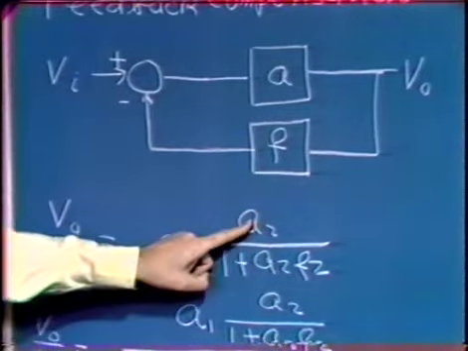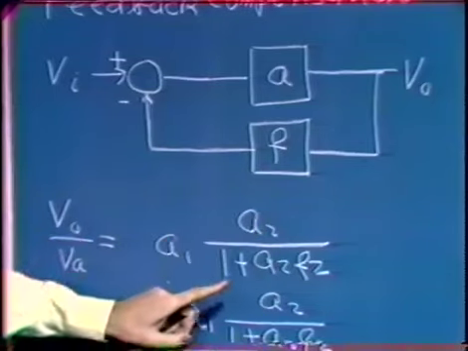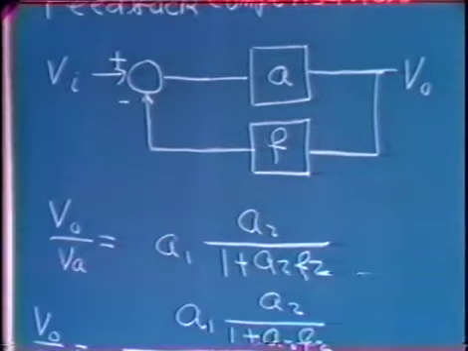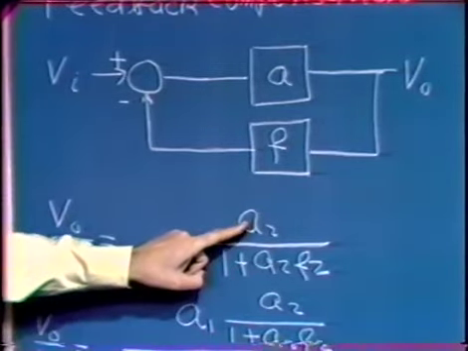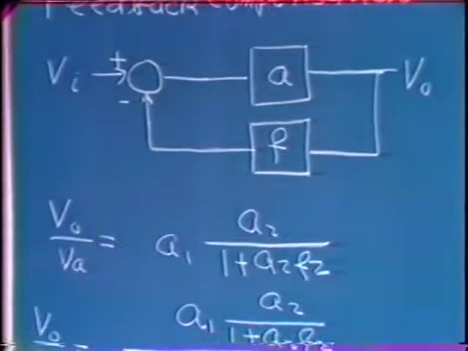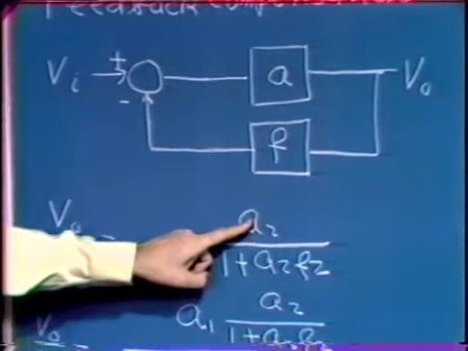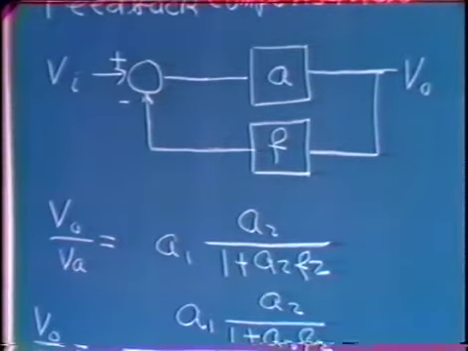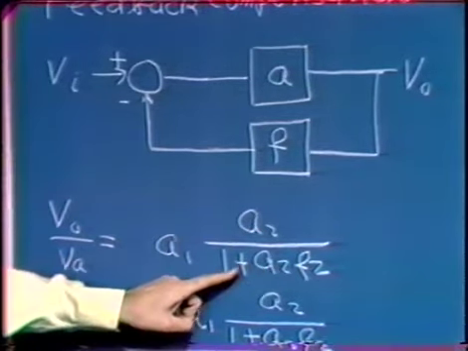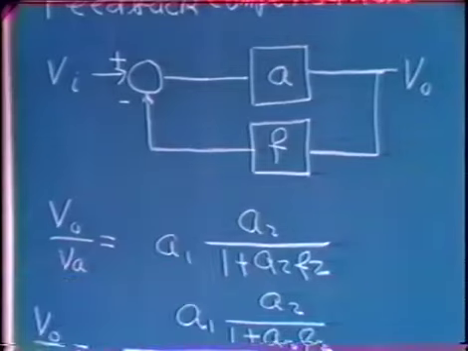The minor loop has a forward path, A2, and a feedback path, F2, and so when we collapse the minor loop, we get a transfer function from the input to the output of the minor loop that's simply A2 over 1 minus the transmission of the minor loop, in particular 1 plus A2F2.